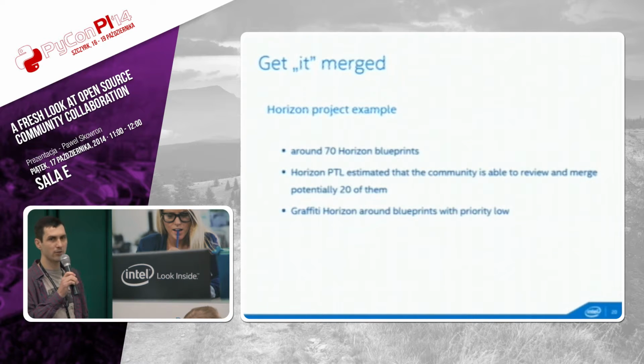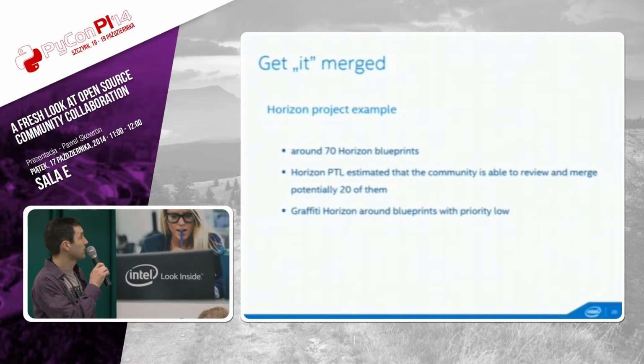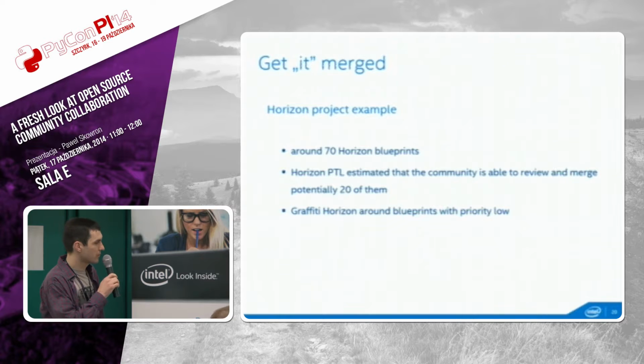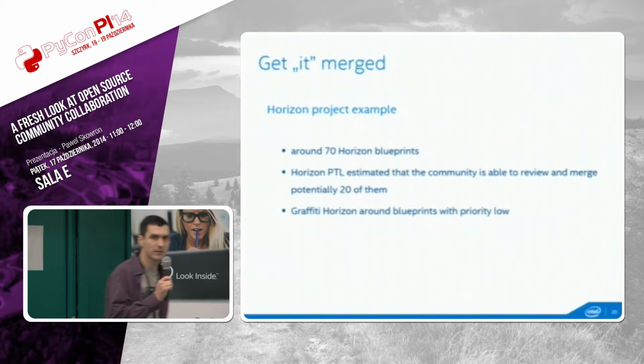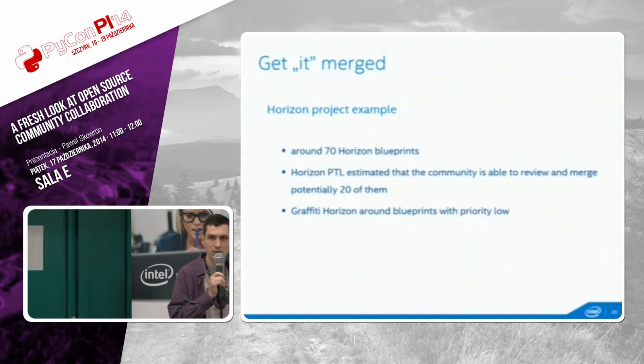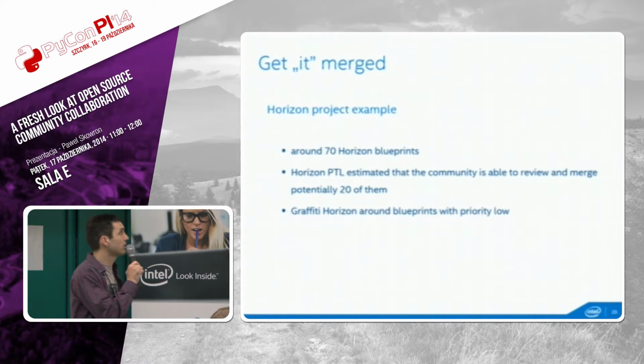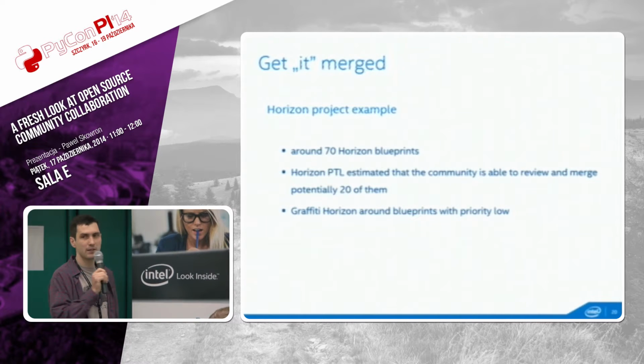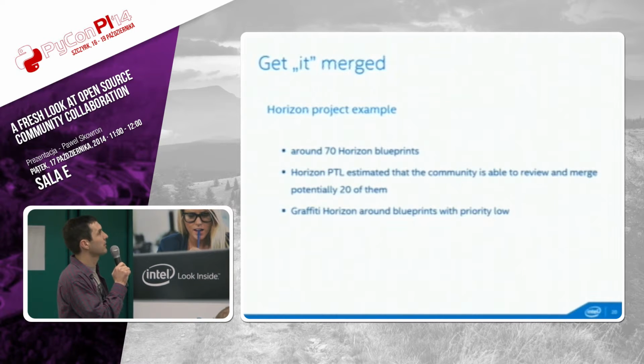Okay, so let me also give you an example of how hard it is sometimes to get your changes merged into open source. Let's use the Horizon project example. In this case, there were around 70 Horizon blueprints, which are specifications of features, before the Juno feature freeze. And the PTL, the program technical lead of this project, estimated that around 20 of them would be merged.